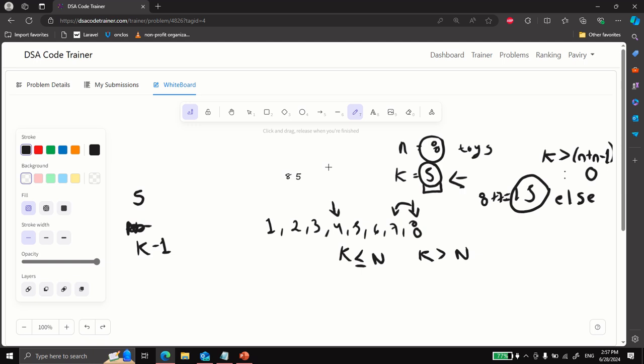And if we select the 5, we cannot form it with anything, because we have to have at least 2 toys in order to form a pair, and the other minimum is 1, so it's going to give us 6, and this doesn't satisfy.